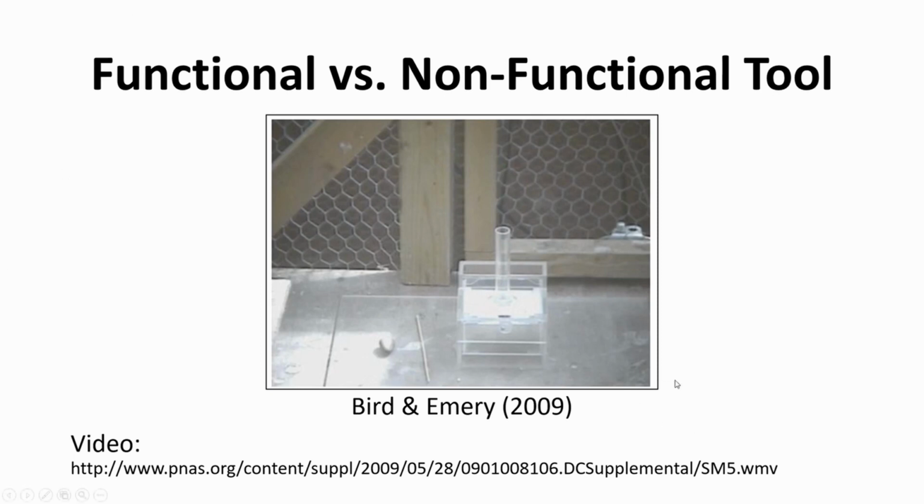So in this experiment here, we have sort of a clear plexiglass container setup. And the way that this would work is that there's actually a chute underneath. Again, you'll see it better in the video, but there's a tube at the top, and the rest of the top of this box is kind of closed off. So there's food inside the box, but the crows can't get to it directly.